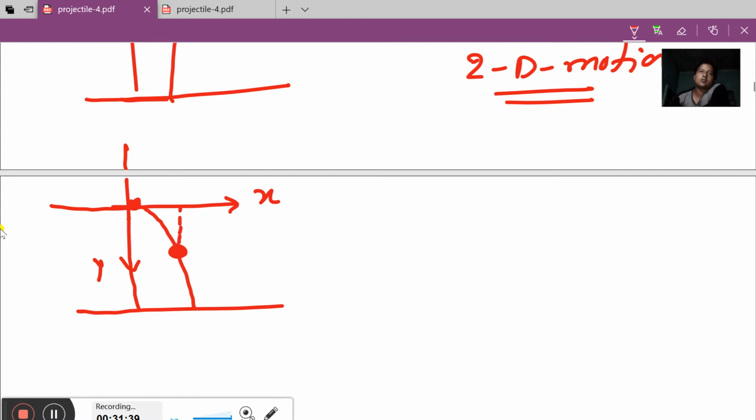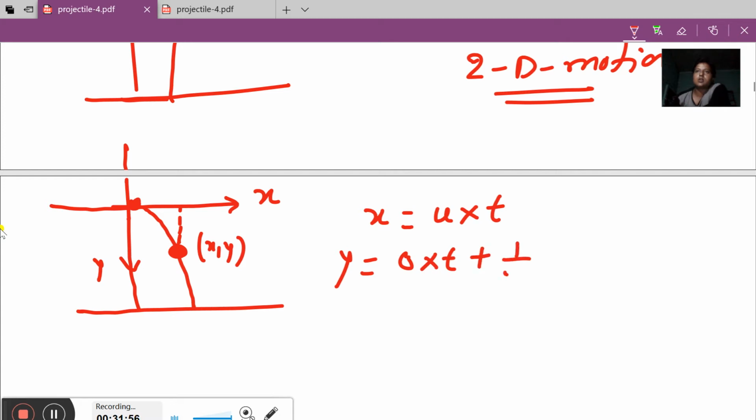So this is the xy coordinate. What is x? x is u into t. What is y? y is u is 0, so ut plus half acceleration g into t square. So after time t, displacement x is ut, and displacement y is half g t square.